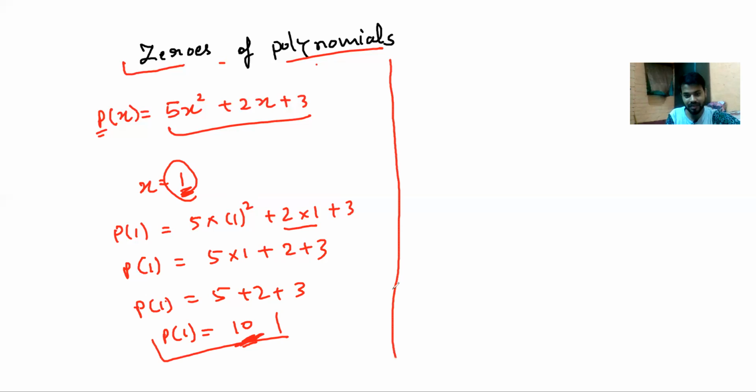Now look at one more example. Let's say a polynomial p(x) is equal to x square minus 2x. This is a polynomial which is given to us, and let us find the value of this polynomial at x is equal to 2. So we are going to write the value of x as 2 in this polynomial.